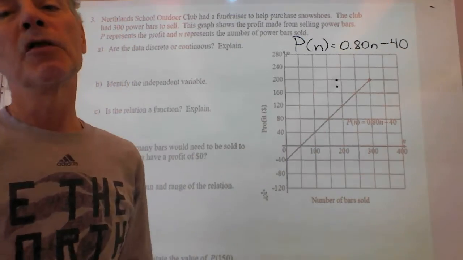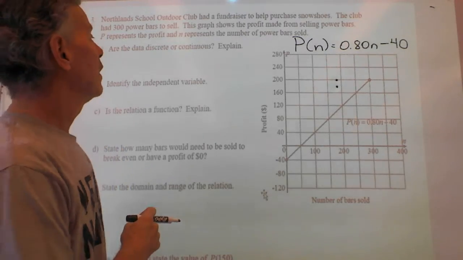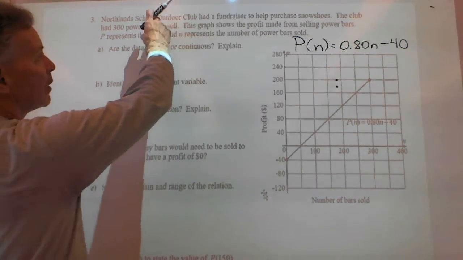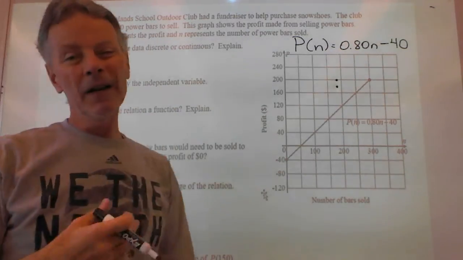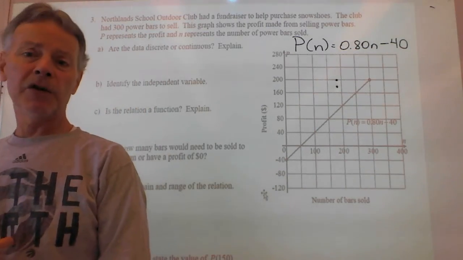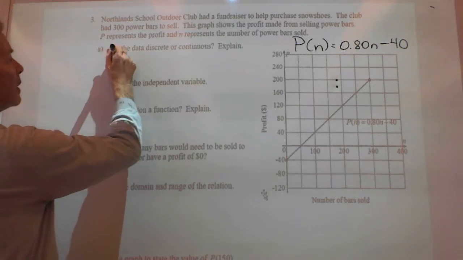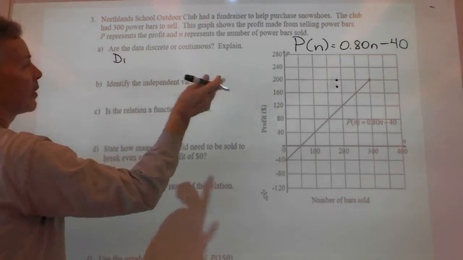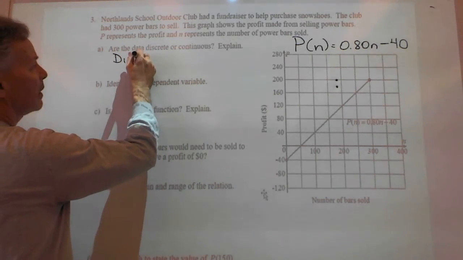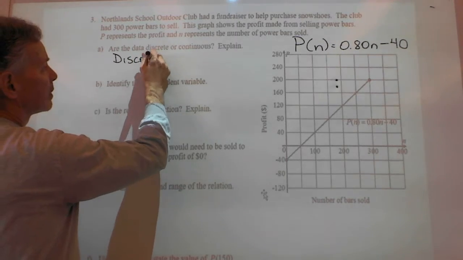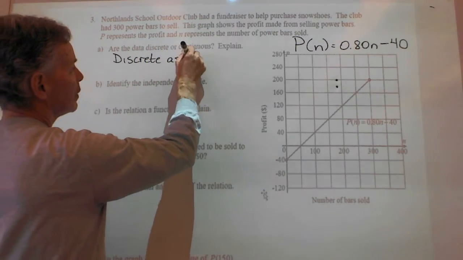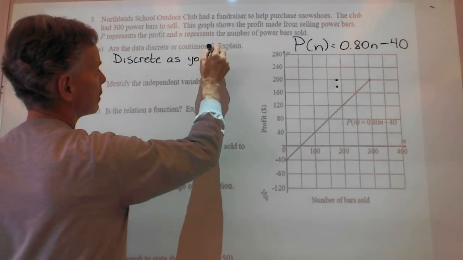I would say this should be a dotted line because you're selling chocolate bars. You couldn't conceivably sell a half a chocolate bar or a piece of a chocolate bar. So I would say, even though you have a solid line there, the data are discrete as you can't sell partial chocolate bars.